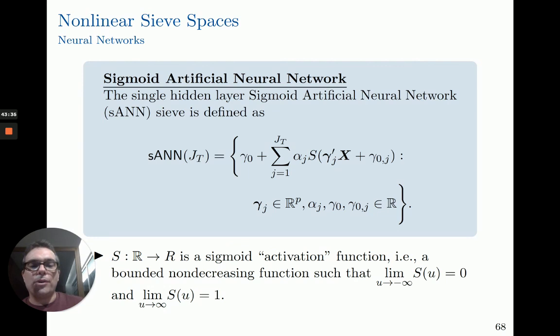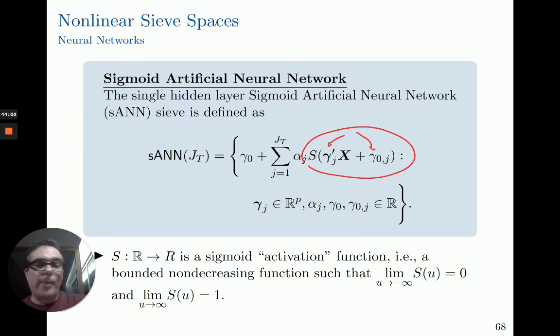But the idea is that we are approximating by this function S, and this function S has its own parameters, these gamma parameters here. So basically we are taking a linear combination of the x's, and then we are passing it through a smooth function called the activation function. There are many classes of activation functions, and there are many results in the literature that depend on your choice.